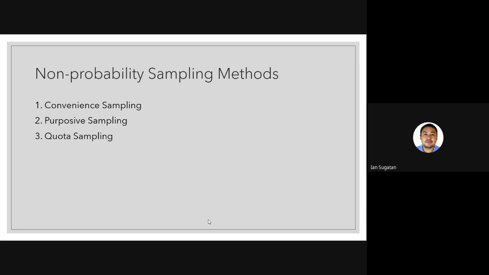So put your title, and then put there convenience sampling and the things that you are going to do for it. For purposive, put there how you will do it if purposive sampling is what you will use, and likewise for quota. I chose non-probability sampling methods because these are the things most often used in our field, in ICT, in capstone.